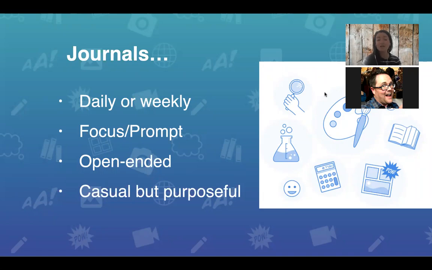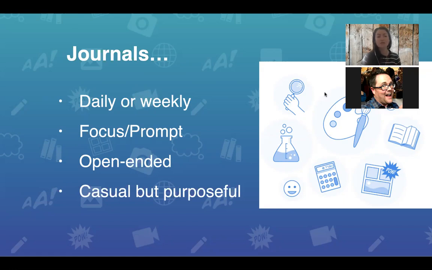So in that case, if you're giving them something that's more open-ended, you might give a couple examples of the sort of things they might add onto a journal page, but it wouldn't be something like a set template or structure they would have to use. So journals can be casual, so pretty laid back in terms of what is in there, but they should have a clear purpose. So you don't necessarily need to have a checklist, like do your journals have all these things, especially if you're thinking about a more open-ended journal, but it should be purposeful.